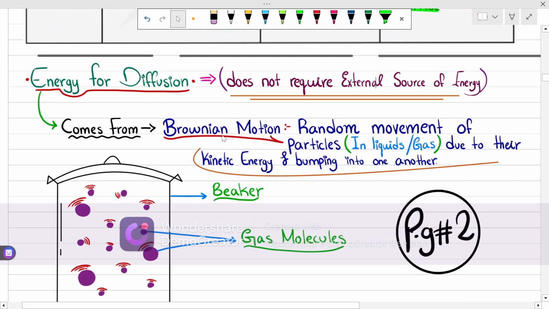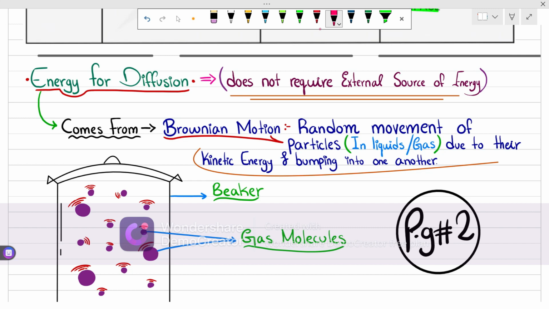Energy for diffusion. Actually, diffusion does not require any external source of energy, because the energy for diffusion comes from Brownian motion. Brownian motion is random movement of particles in liquids or gases due to their kinetic energy and bumping into one another.